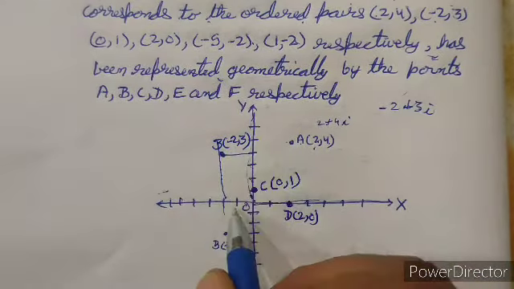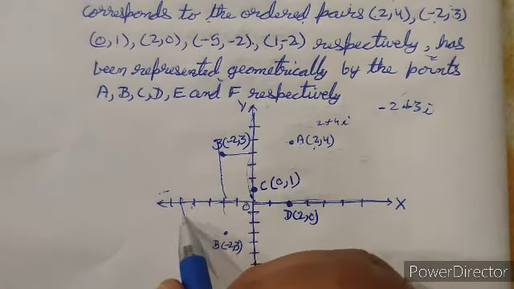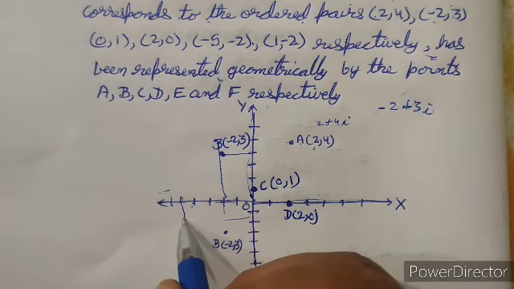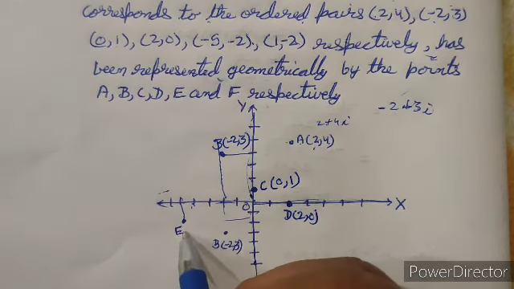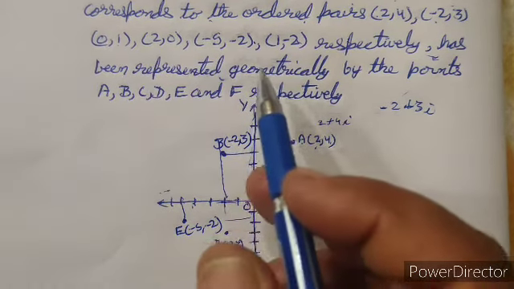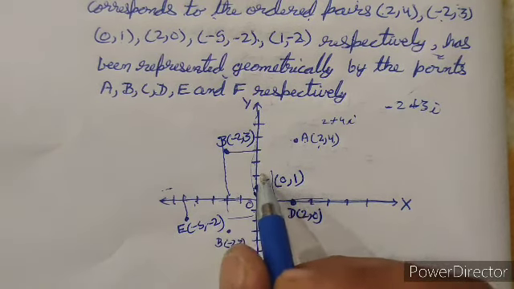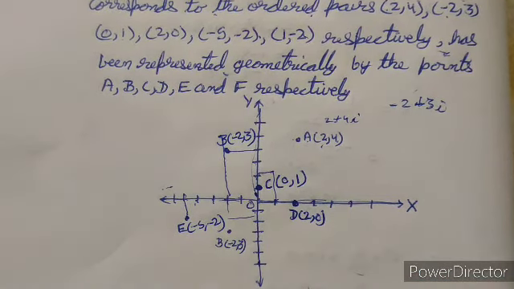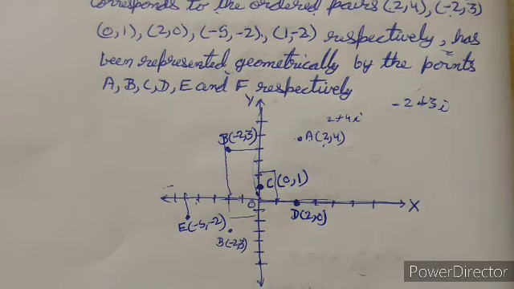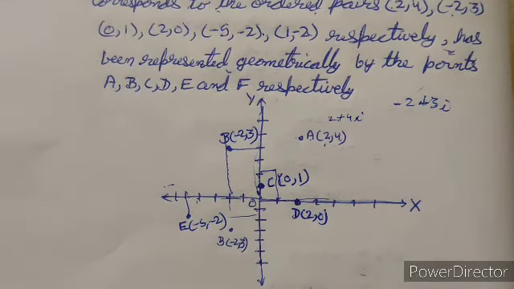Minus 5 minus 2, 1 2 3 4 5, minus 5 minus 2 will be the point E, that is (minus 5, minus 2). And similarly we can represent (1, minus 2) in the xy plane, and this is how we represent a complex number in a plane.